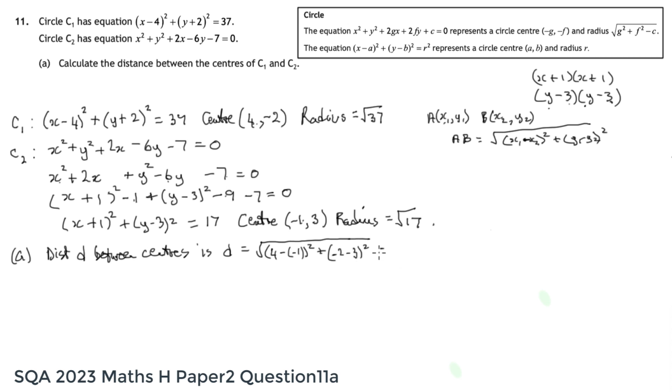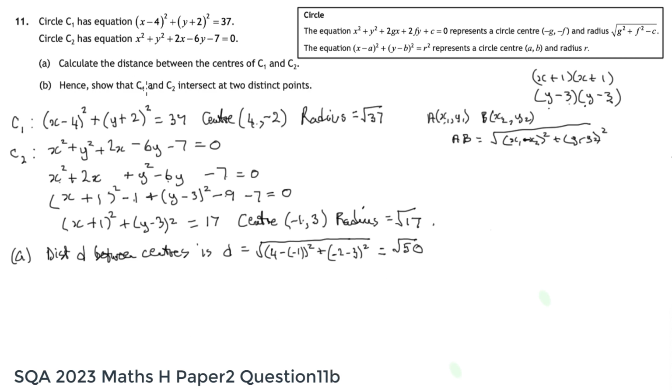Now, 4 take away -1 is 5. 5 squared is 25. Negative 2 minus 3 is negative 5. Negative 5 squared is 25. So we've got 25 plus 25. That's root 50. So the distance d between the two centres is root 50.